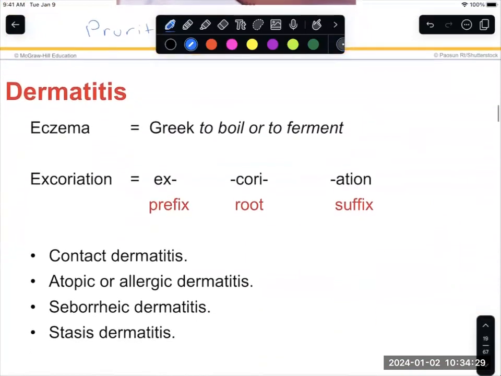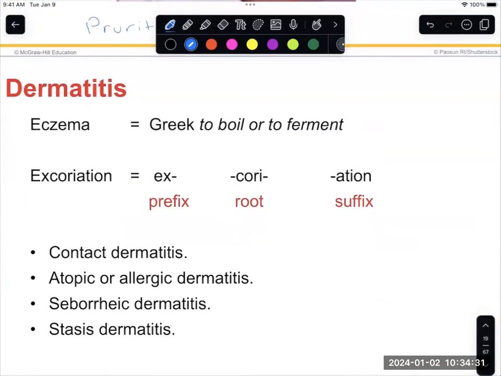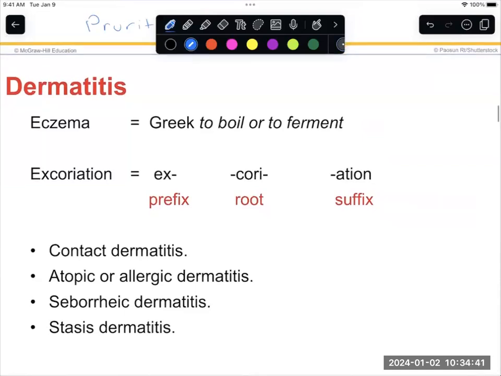Eczema. Another word for inflamed, itchy skin conditions. Someone who has eczema usually has a very itchy red rash, and it usually contains some sort of serous fluid that can become kind of crusty or scaly on their skin.